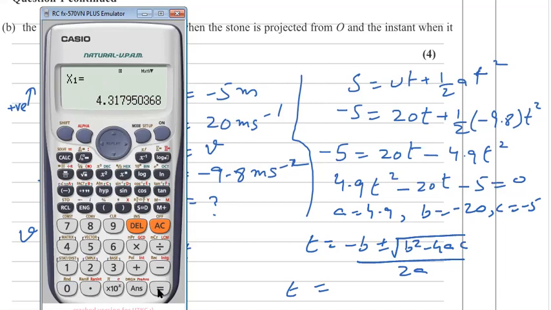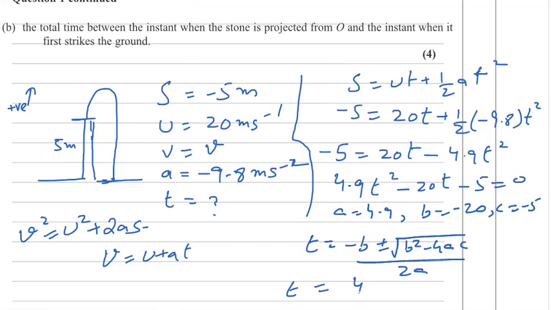So using that, the value of time that we got is 4.31, and the other is a negative value. We are taking the positive time, so we will ignore this negative value, only we will consider this value, which is 4.317. So t will be 4.3179.